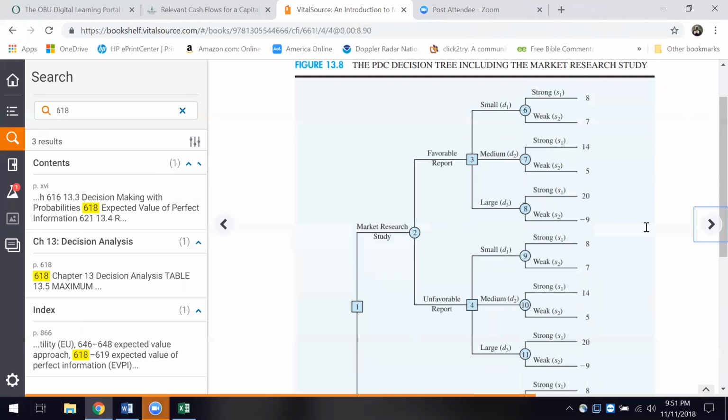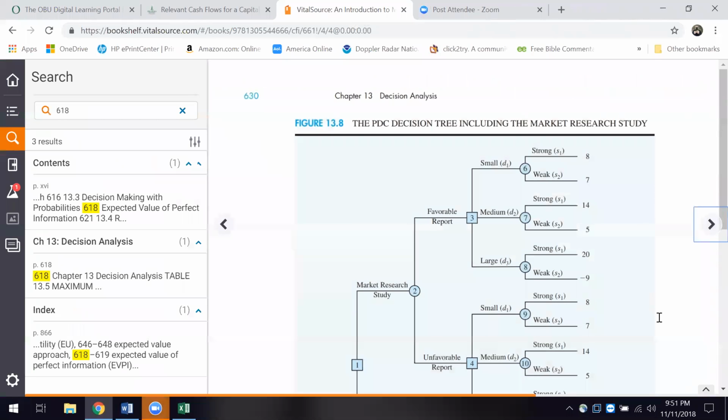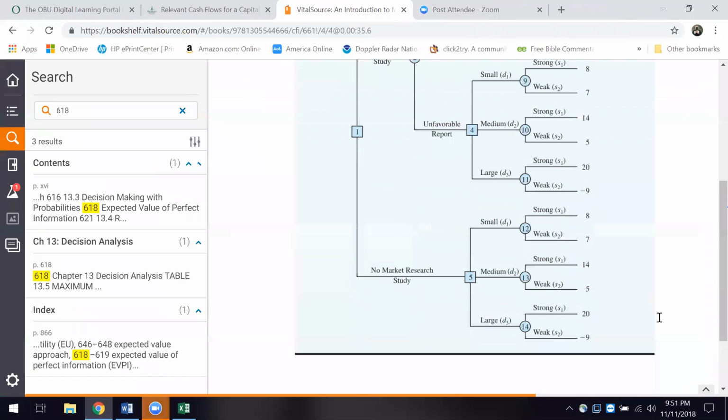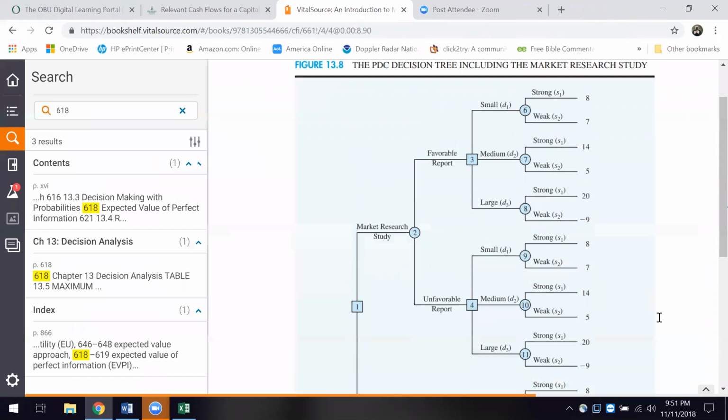I want to go back up to this market research, and this includes the market research. So they've done some market research, but notice how remarkably it's like a set of permutations. And if you took this and you took it counterclockwise, you'd see it looks like a set of branches, because it is a set of permutations. It's our interpretation of the fork in the road.